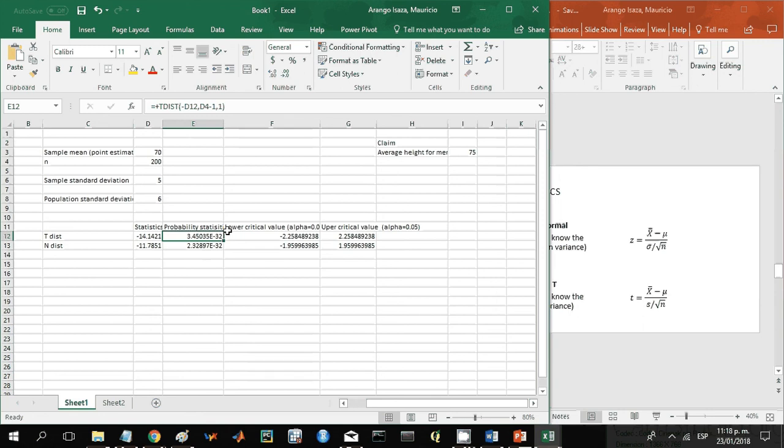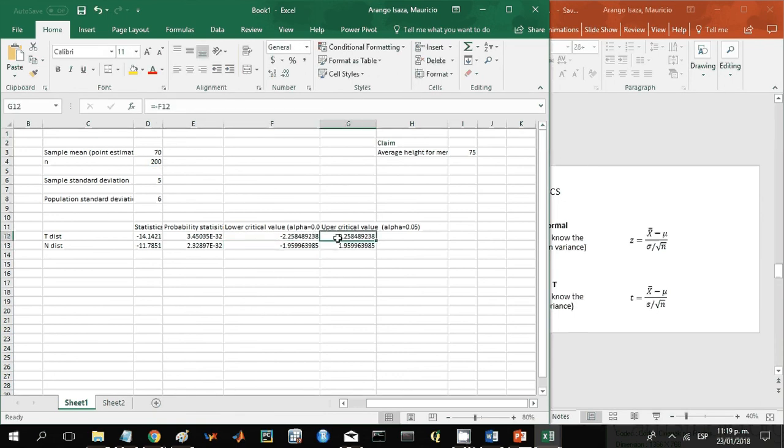And that I can prove by looking at the lower critical value and the upper critical value. And the way to do that is just take the function for the inverse and plug your alpha over 2, that in this case is going to be 0.25, and then use your degrees of freedom. And this, if you multiply this by -1, is going to give you the lower critical value.